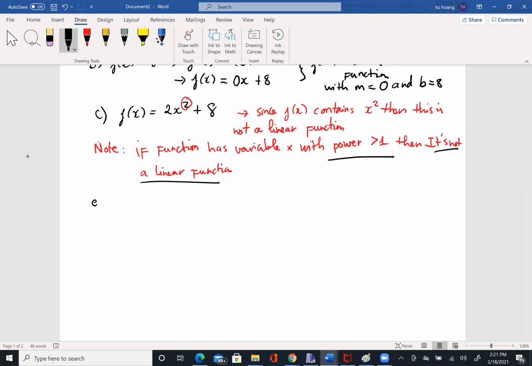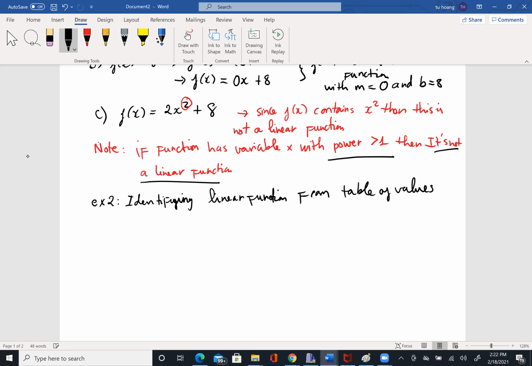We'll do example 2. Identify linear function from tables of values.